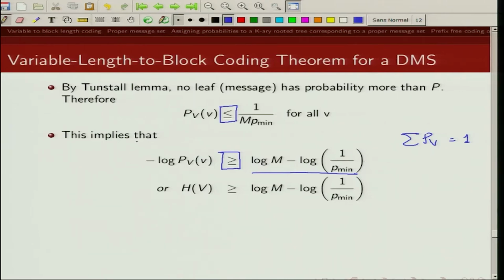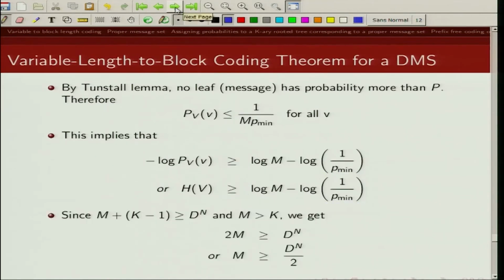Then I take summation over all P of V, so this will become the entropy term here, and the summation of P of V, this will be log m, and this will be minus log of P min. So the uncertainty in the leaves, basically the leaf entropy, is lower bounded by this quantity.